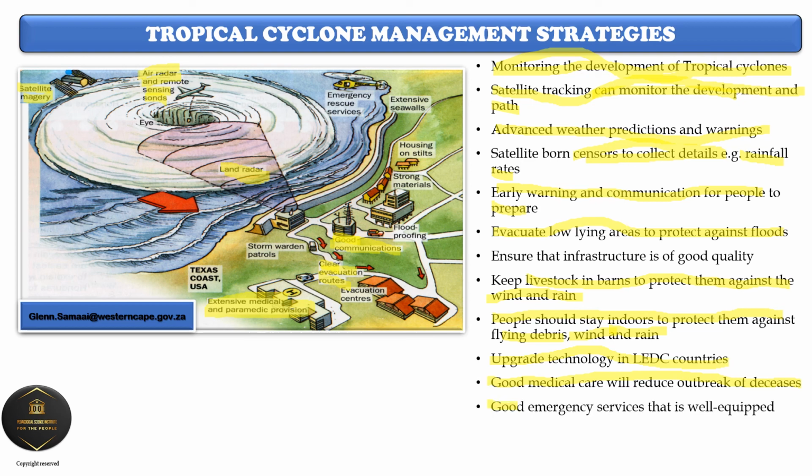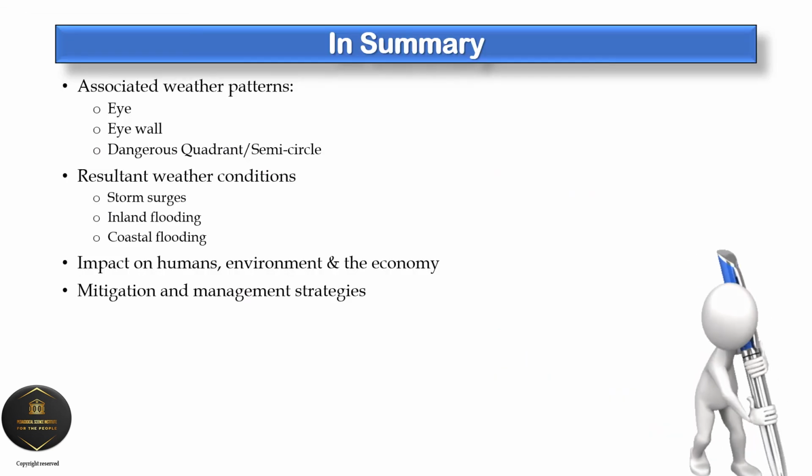So good emergency services that are well equipped are important to survive the storm. Again, local civic services should be well prepared to assist. So the local government should have put arrangements in place to save people's lives.